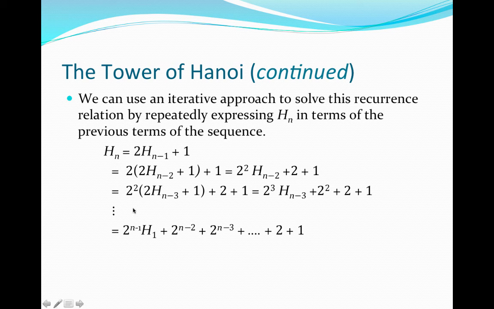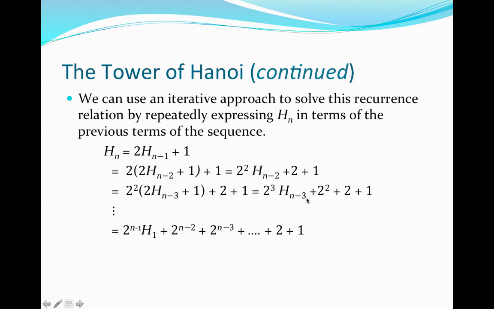So repeating this process, we want to figure out how we substitute in h sub 1. So we need to develop a relationship between this exponent here and our index here to determine what happens when we get to 1. So how is 3 related to n minus 3? Just like before, notice that 3 is actually equal to n minus (n minus 3), right?